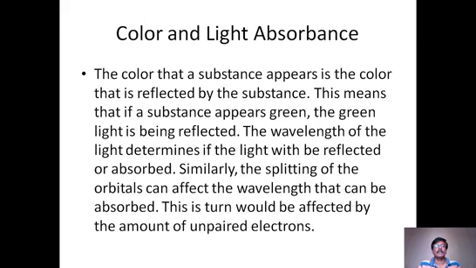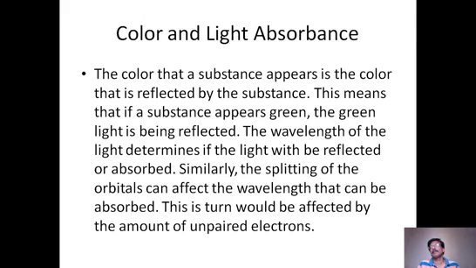So the color of any substance is that which it reflects back. This means if any substance appears green, for example, that is green light is coming from the substance. That's why it looks green. So the wavelength of the light determines whether the light is reflected or absorbed.